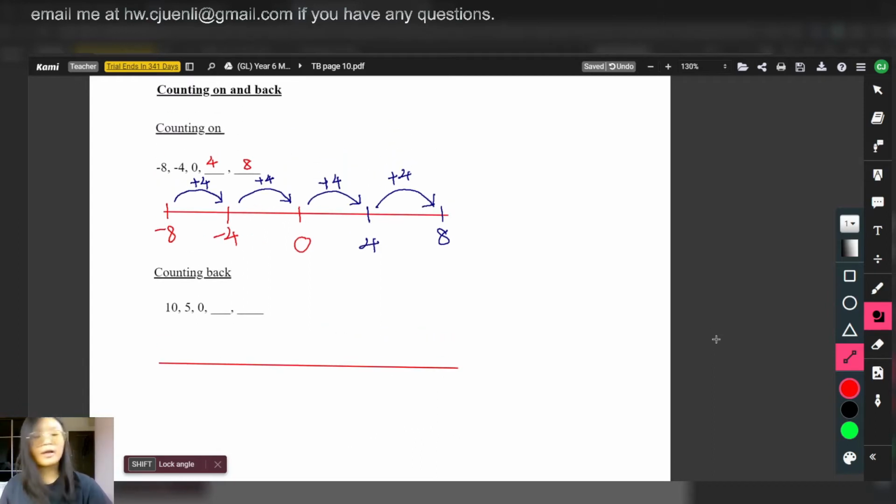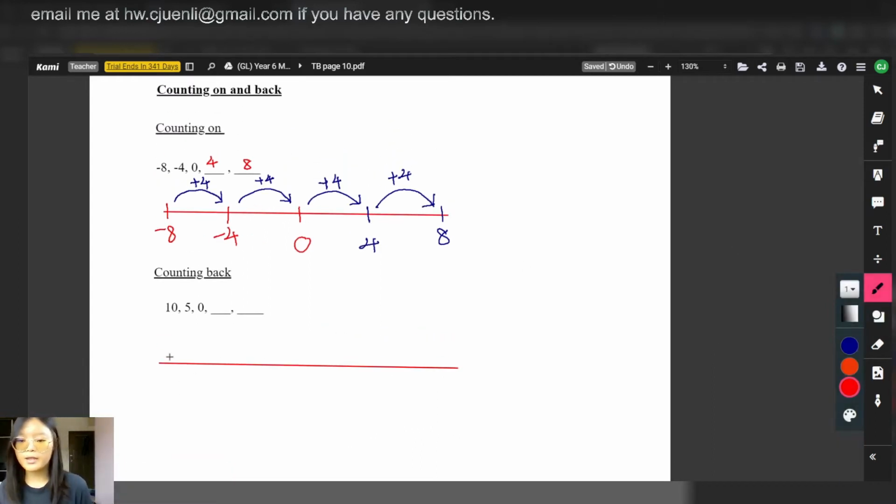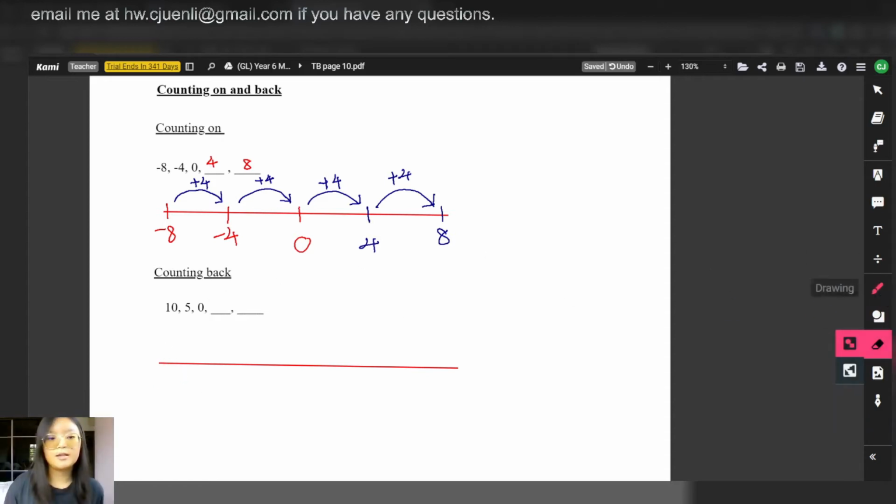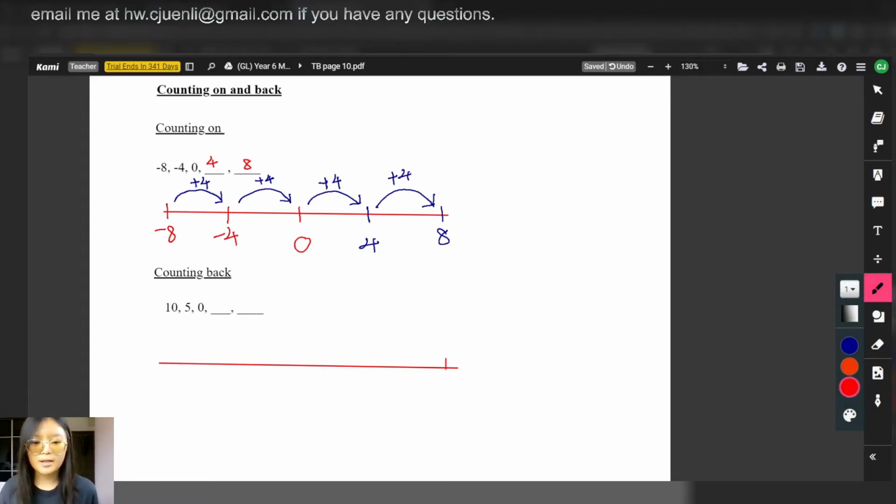All right, and our first number over here would be 10. Now we have negative numbers, so we cannot start with a 10 just right over here. Positive numbers, you always start on the other side instead. So over here, let us start with 10.